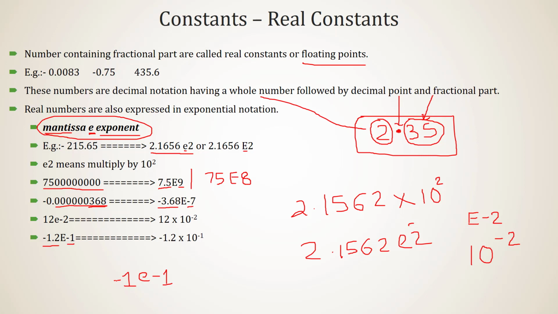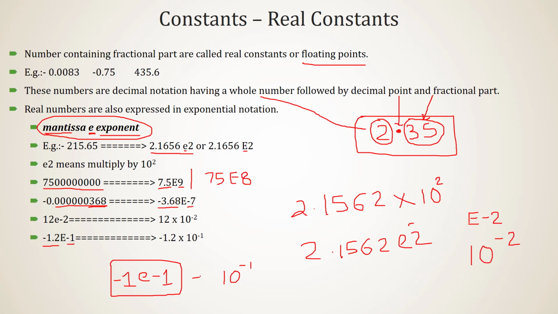John Ralphie: Yes, sir. What is the meaning of minus 1 E minus 1? What is E minus 1? E minus 1 can be written as 10 raised to minus 1.